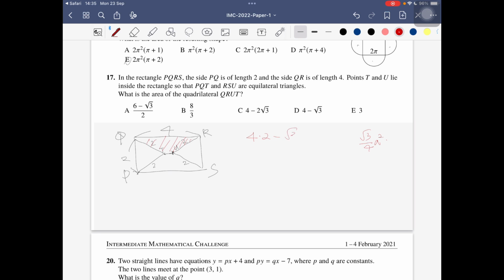So here square root of 3 over 4 times 4. So 8 minus square root of 3 for each. But we want to know over 2, because we want to know only half of that. So we have 2 equilateral triangles. So here 4 minus the square root of 3.